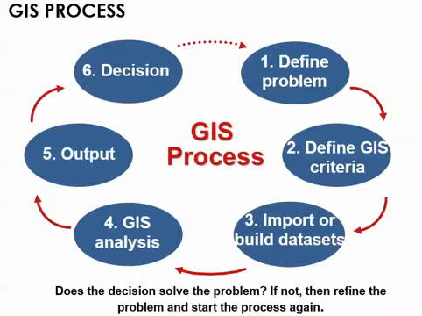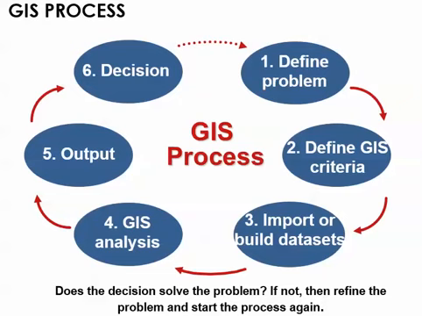There's always a process involved with working on a GIS project, and it's common to what we refer to as the end-to-end map-making process. We begin by defining a problem. We then define the GIS criteria to solve that problem.